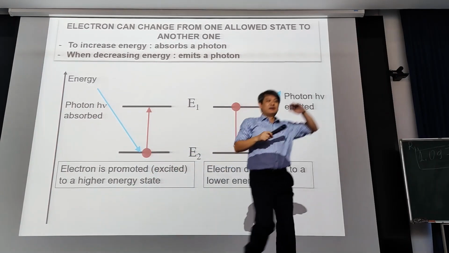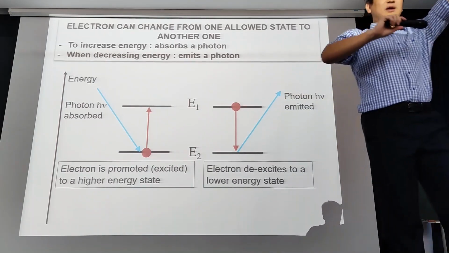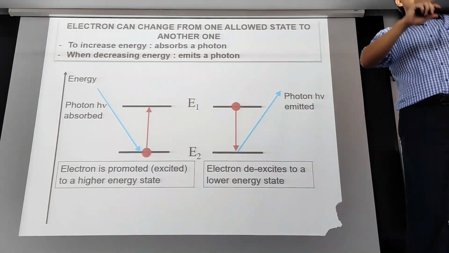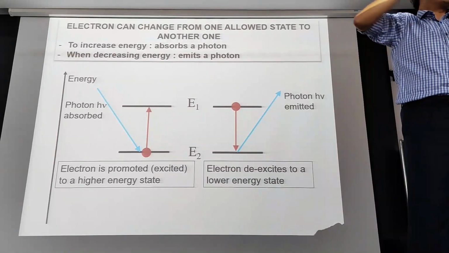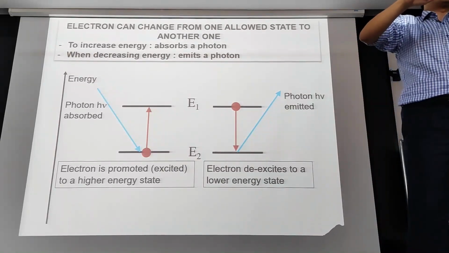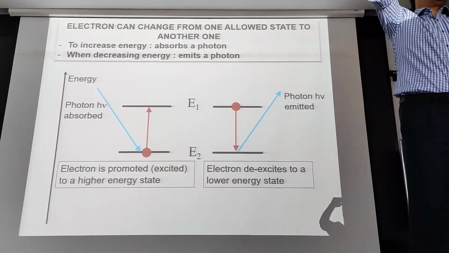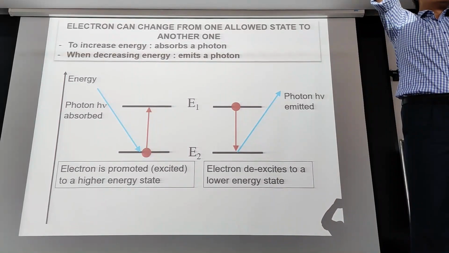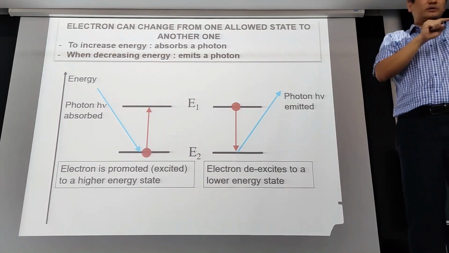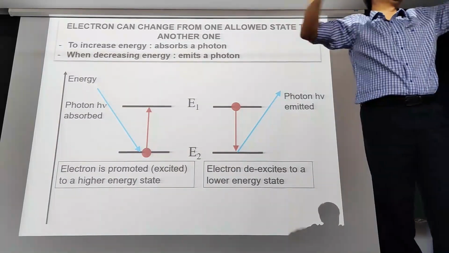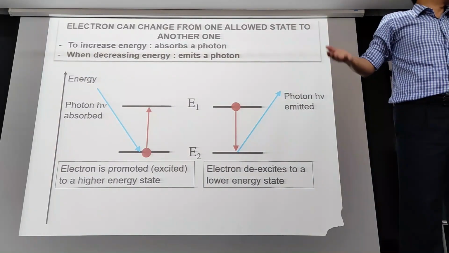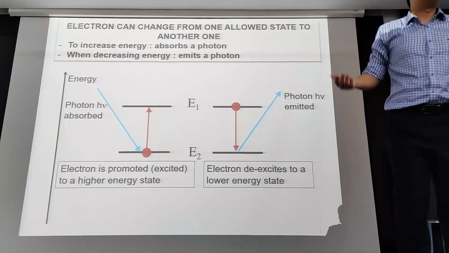Okay? Let's say you have E2 here, lower state, and E1 at the higher state. If you pump a photon with enough energy, the electron will absorb the energy from the photon and be excited. Okay? So E2 equal to E1 plus energy from the photon. That's the law of energy conservation, right?